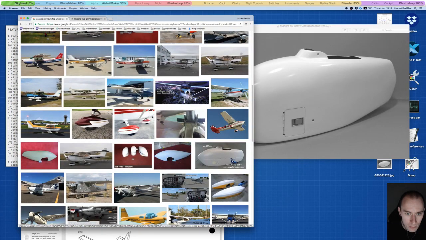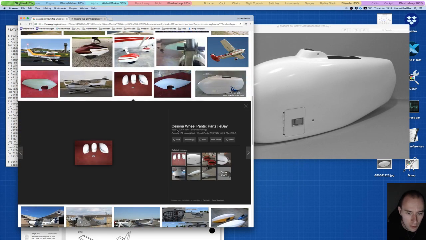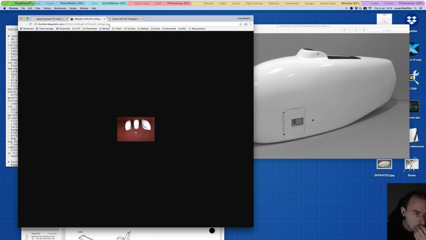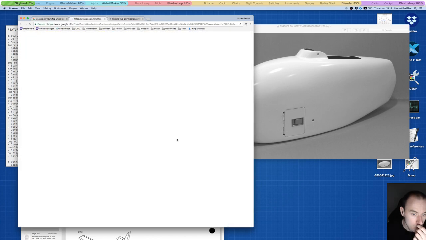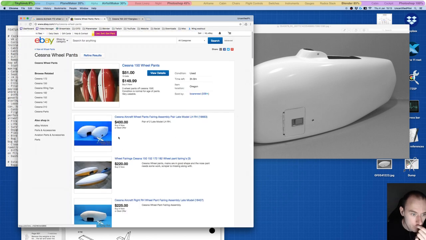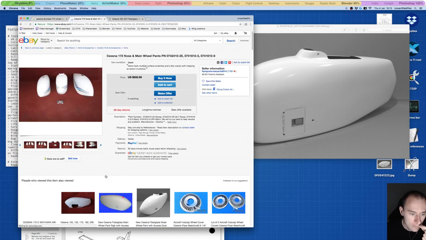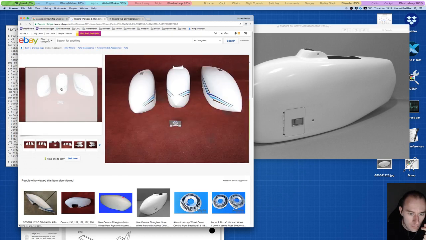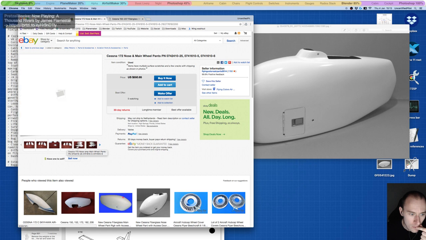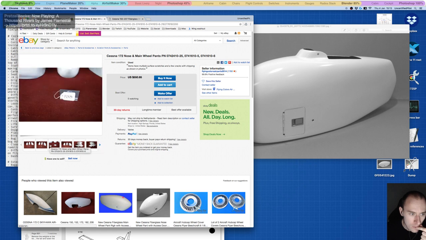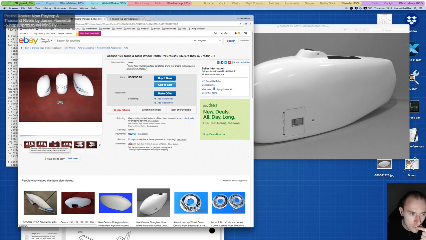That one might work. But that is the back.